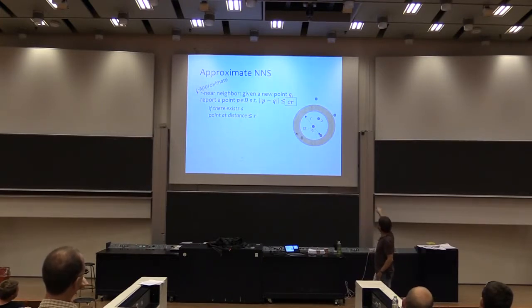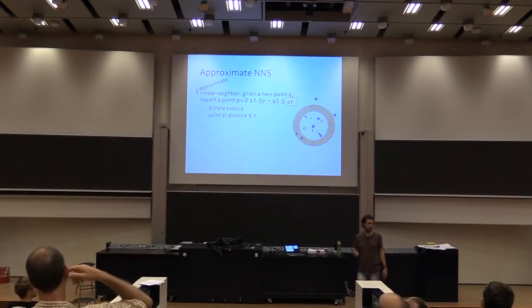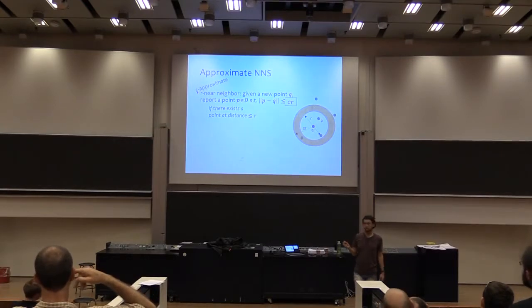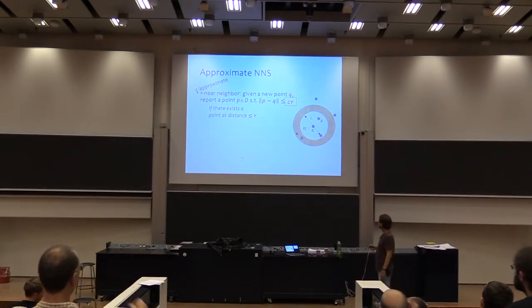Put differently, this gray area, which I guess is more yellow here, is where the data structure has freedom whether to consider points that live there or not. Or put differently, if it happens that your data set is such that there is nothing in this gray area, then the data structure will actually return the exact near neighbor within threshold R. Right?